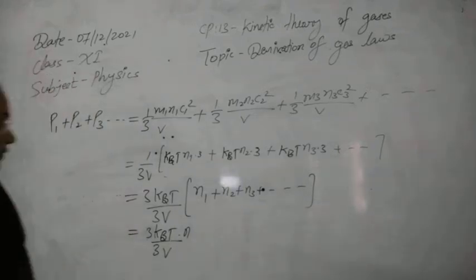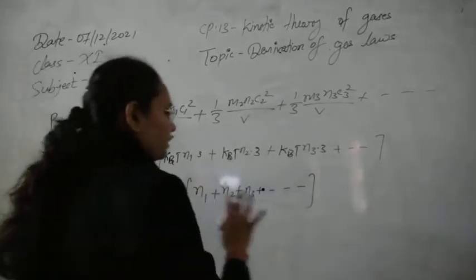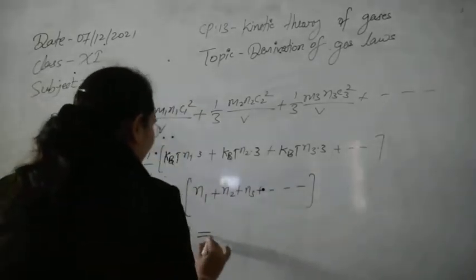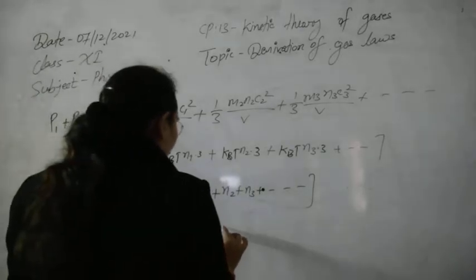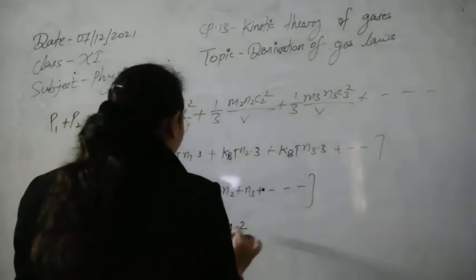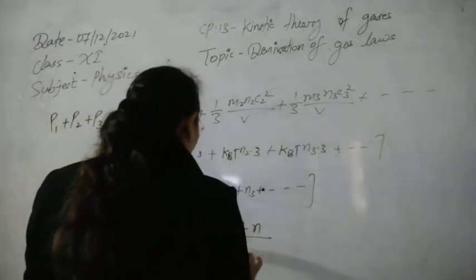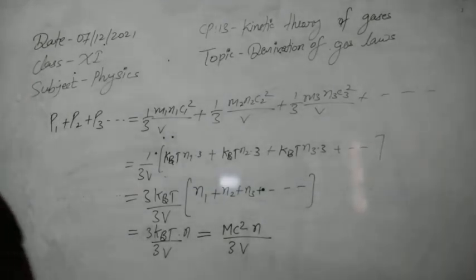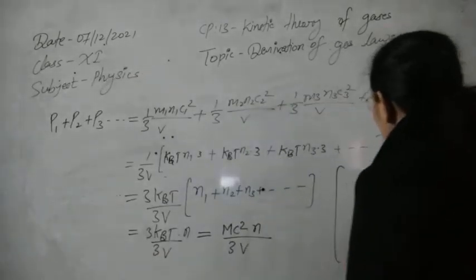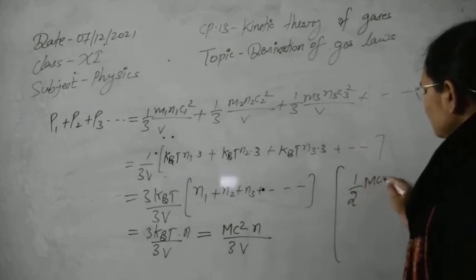So it means if m is the mass of the whole mixture of the gases, then in the place of 3 kBT, we can write m into c square into n upon 3b. I think this is now clear to you. If you want to see it here, I can make it half m into c square.